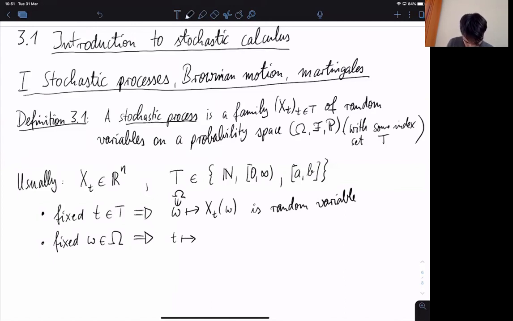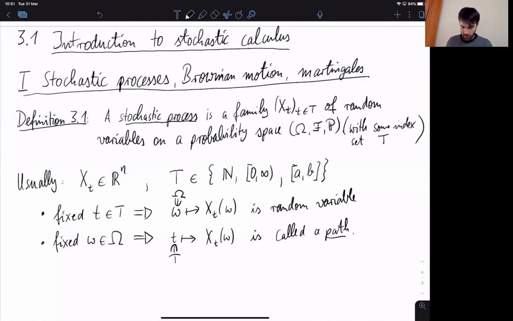So I can map the little t, which comes from the set capital T, to X_t for fixed omega, and this is what we would call a path. So in some sense, you see how something evolves according to this stochastic process.